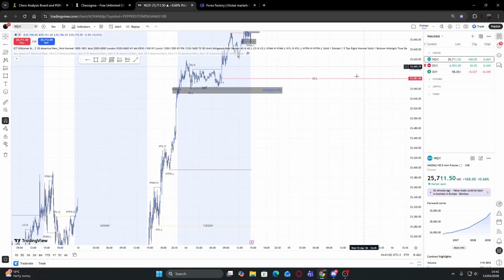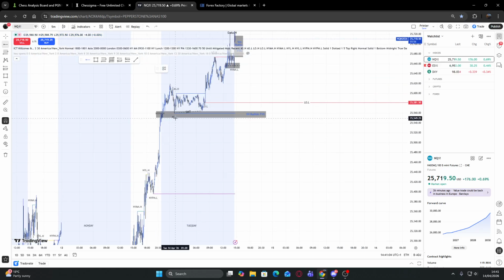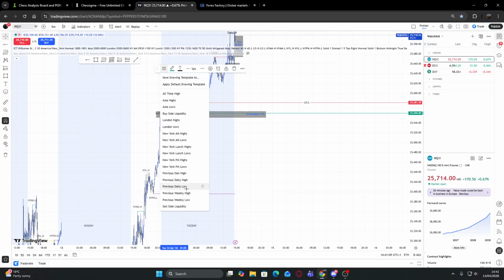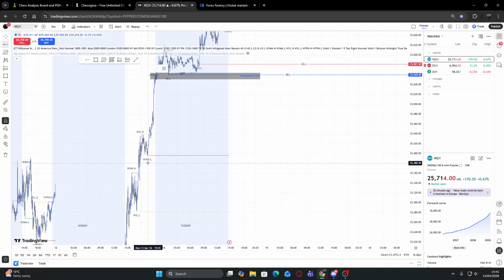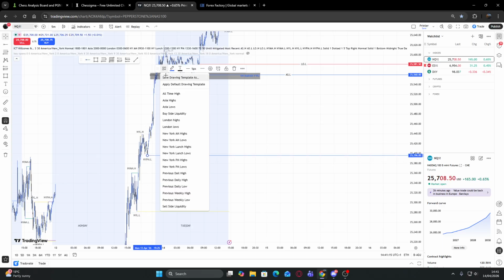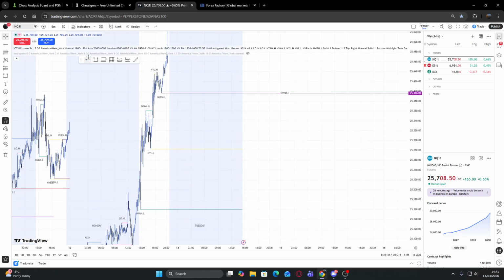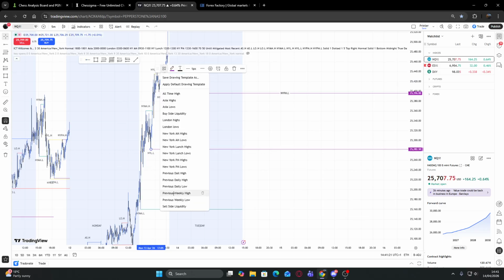I'll mark them out here as well. Asia lows. Asia lows. New York PM lows. But something's going to have to happen for us to want to rebalance all of this, obviously.